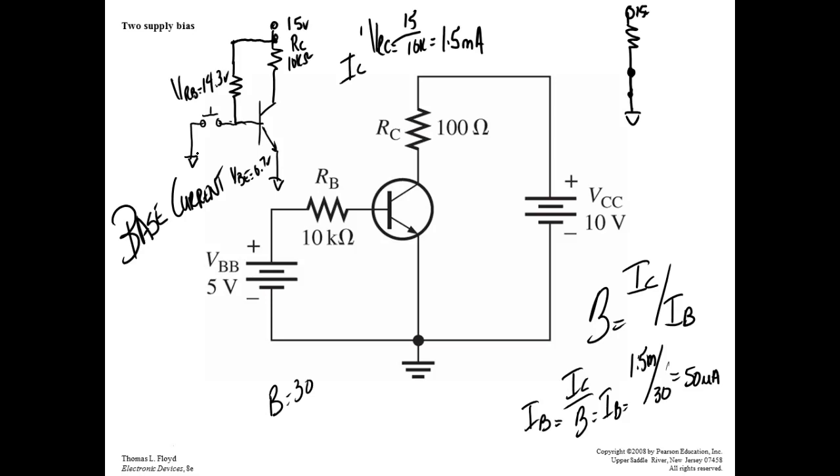It could be a relay contact. But we've got 50 microamps of flow through that little switch and 1.5 milliamps of flow over here, which is pretty neat.